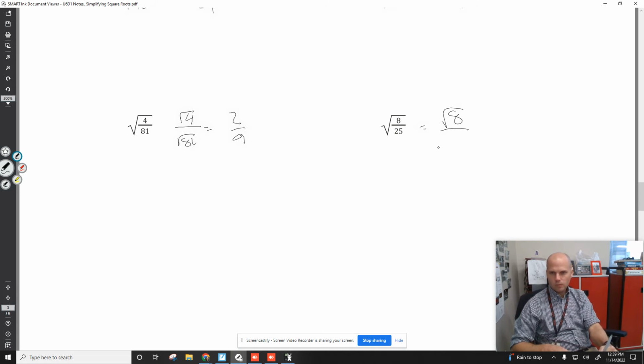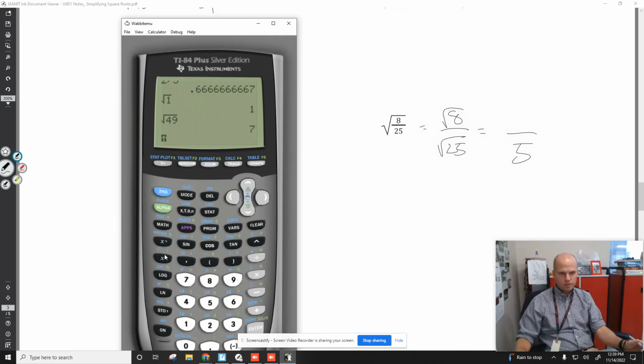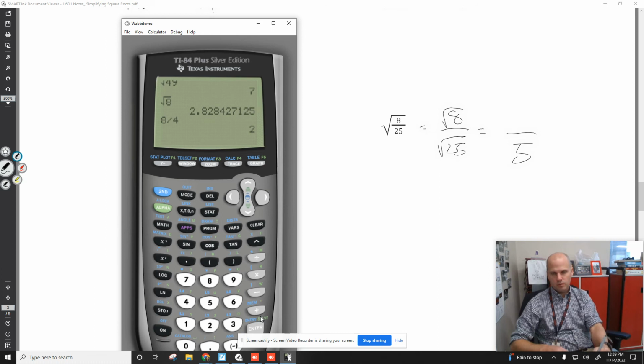Until we get something like this. Okay, the square root of 25 is 5, but what's the square root of 8? Well, I can't take the square root of 8, Mr. Messner. It's not a whole number. This is where we try to simplify. Oh, 8 is 4 times 2. This is root 4 times root 2.